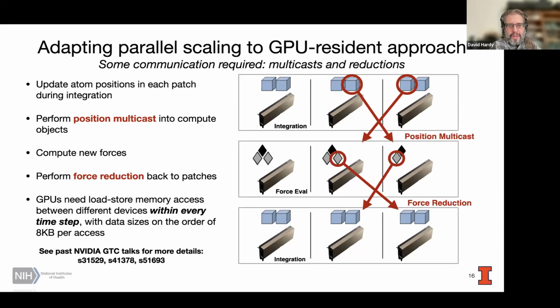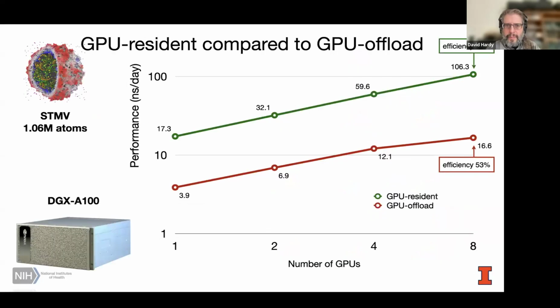And so to do this, the GPUs need load store memory access between these different devices within every time step. And the data sizes for these accesses are around 8 kilobytes per access. But once we had all of these pieces working together, we were able to get really good scaling for our GPU resident mode.